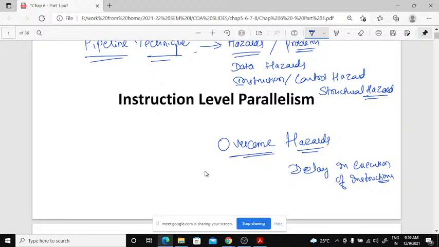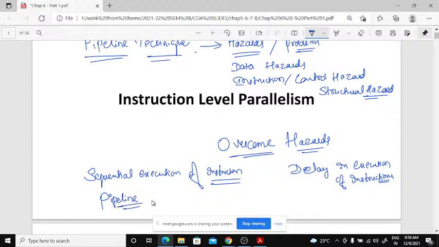As we discussed, sequential execution of instructions takes more time if you compare it with pipelined execution.